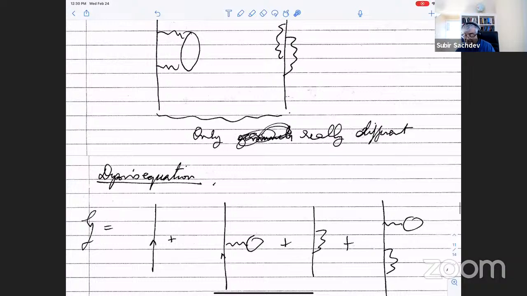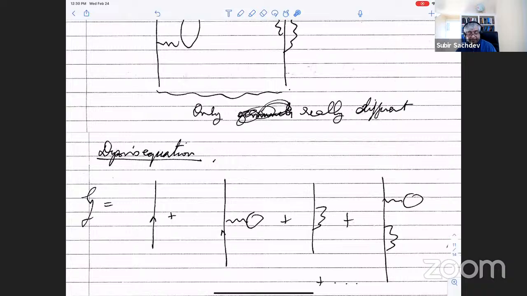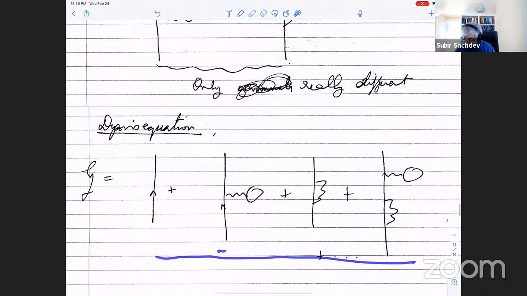What Dyson allows you to do is to reduce further the set of diagrams to all orders, in a very simple way. Okay, so let's write down all the diagrams that we had. I've only written down the 2 first order diagrams, and there's 10 second order diagrams. And who knows, they go very rapidly, how many third order diagrams there are.